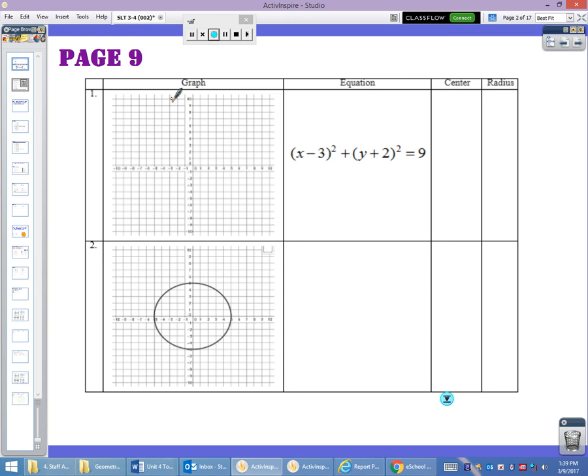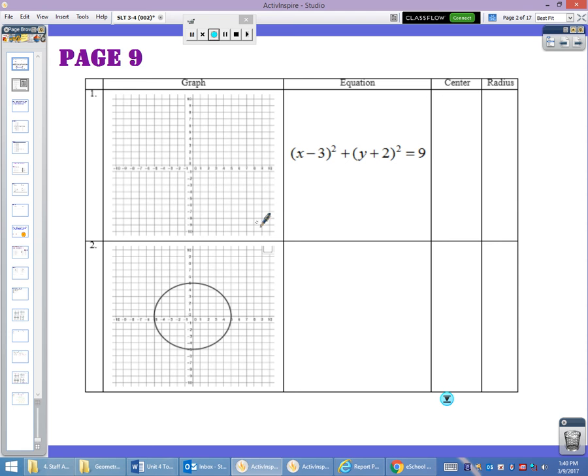And basically you have to make a sketch of a graph, write an equation, label the center, and also label the radius of the circle, and you're always going to be given one of them. So go ahead right now, and as you're doing 1 through 6, I'd say give this about 6 minutes or so. Try to do all 6 problems.